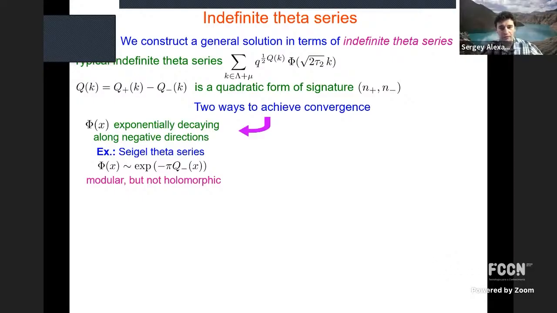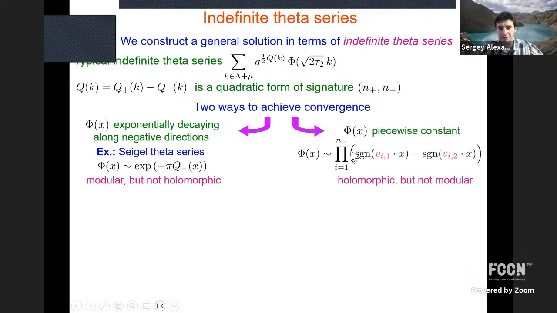There is another way which preserves holomorphicity, and for this you insert a product of differences of sign functions. If you choose these vectors vi in a clever way, then you can ensure that along these dangerous negative directions on your lattice, where the quadratic form is negative definite, this kernel is actually zero. And then there is no problem.